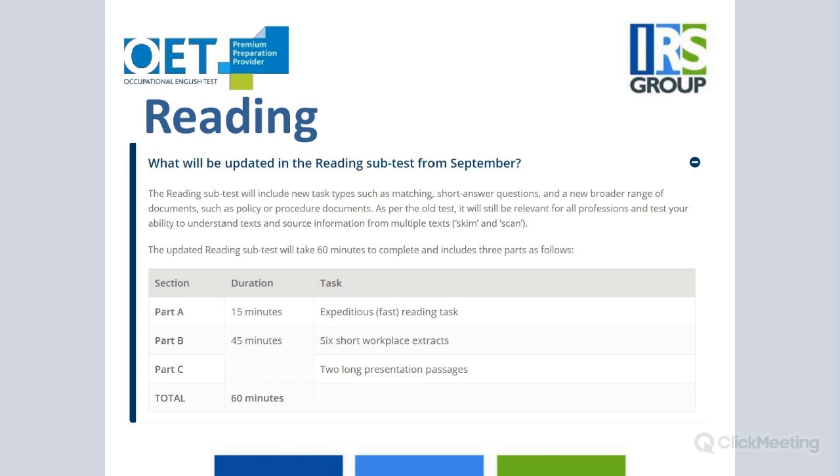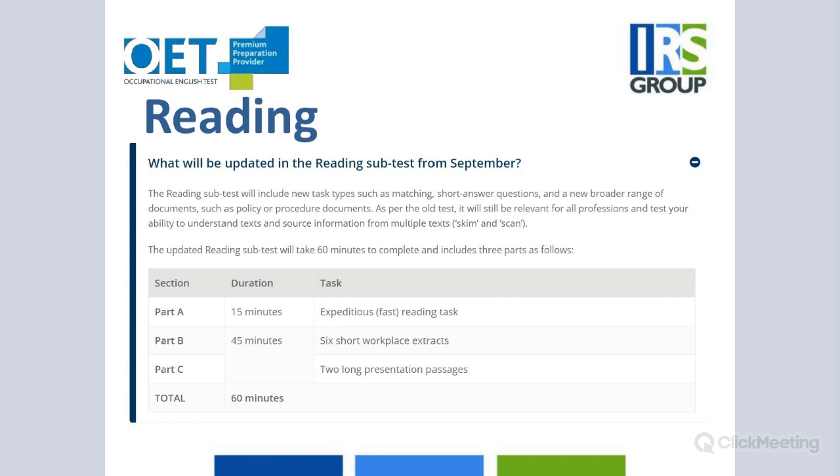For example, on your 30th minute of the exam, you remember that one of the questions you answered in part A is wrong and you need to make a correction. You will not be able to do that because you don't have the part A booklet with you. So please be assured that when you do part A, you do it right. In part B and C, it's 45 minutes.